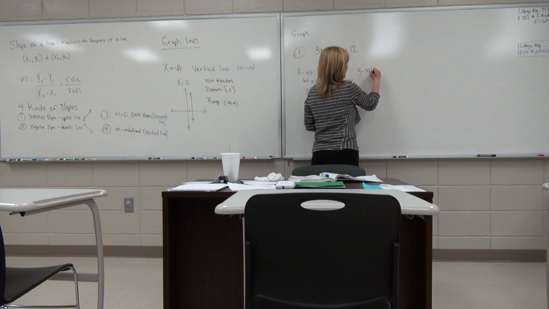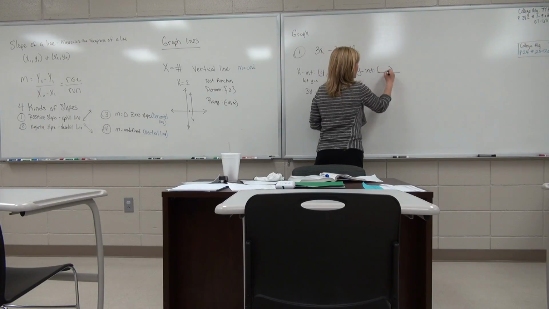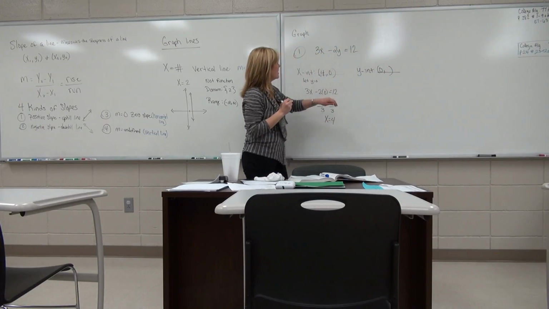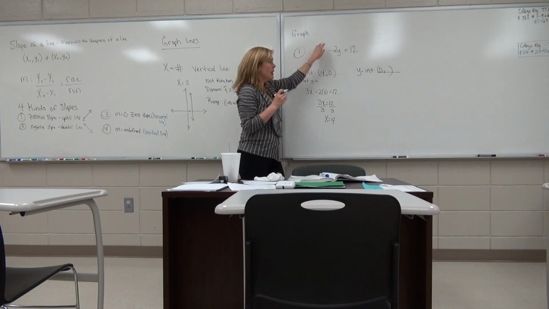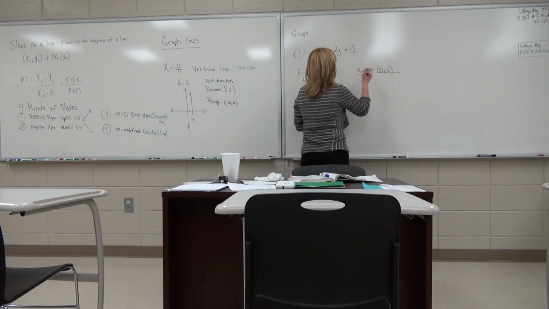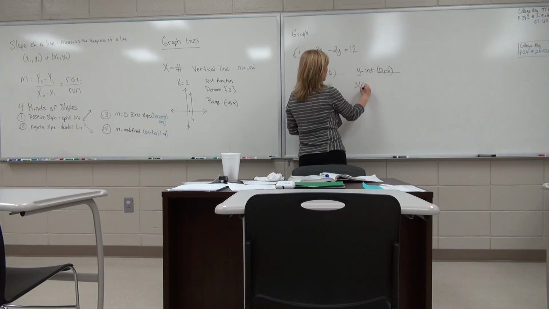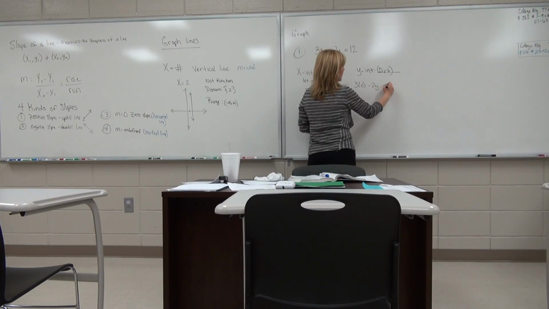Your y-intercept is when x is 0. Well, if x is 0, this term would be gone. Well, when is negative 2y equal to 12? Negative 6. You can plug it in. Let x be 0. So that's when negative 2y equals 12.